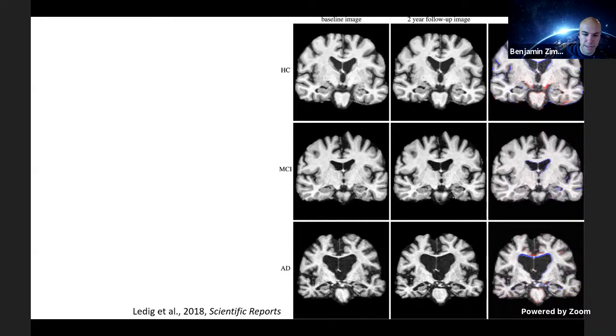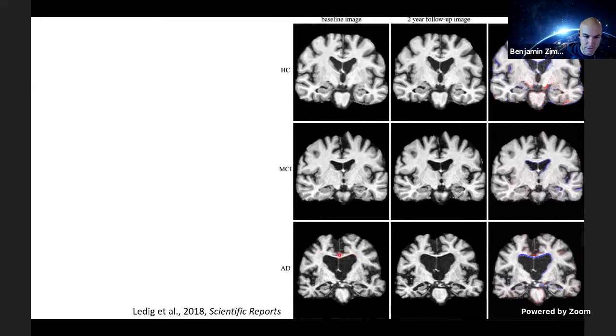So the first point is that it's very hard to see striking differences between the healthy control subject and the patient with mild cognitive impairment, even though there's pretty substantial differences in cognitive ability between these two individuals. And in the same way, it's hard to tell in an individual how old they are just by looking at their brain.